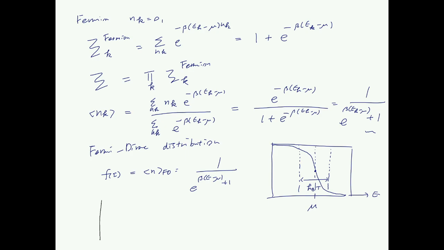And it's important that when the temperature goes to 0, you essentially get a step function: all the states that have energy lower than the chemical potential are occupied, and all the states that have energy larger than the chemical potential are unoccupied.